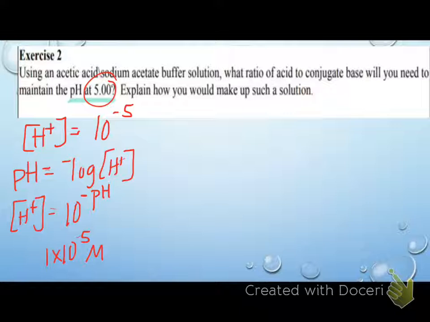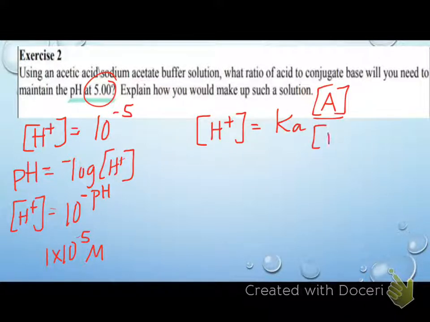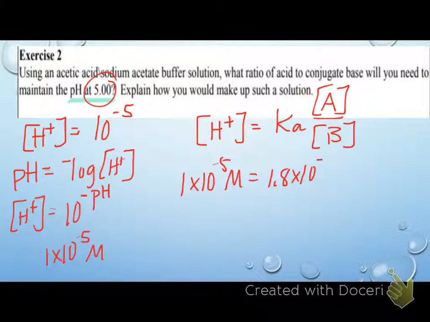All right. So remember that H plus is equal to Ka times the concentration of A over the concentration of B, right? So then we plug and chug. There's our hydrogen concentration. Our Ka from earlier from acetic acid, do you remember what it is? 1 times 10 to the negative 5 for acetic acid.